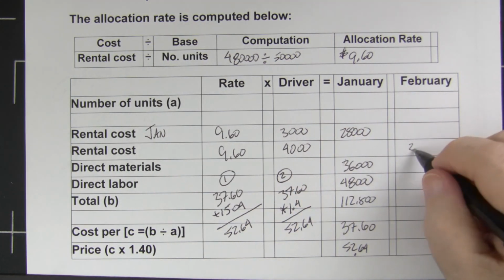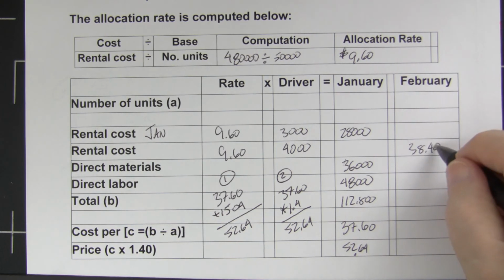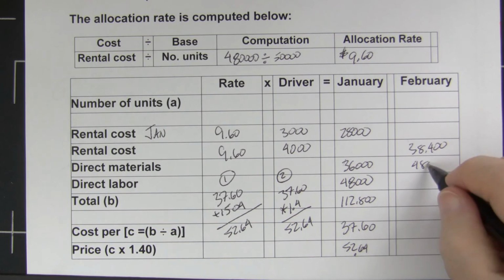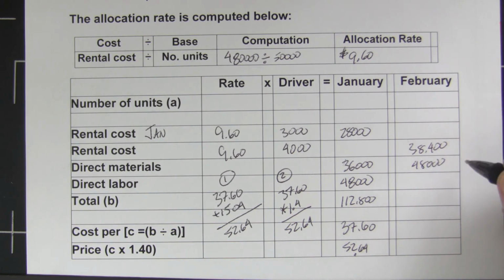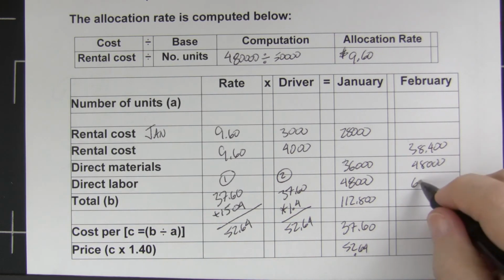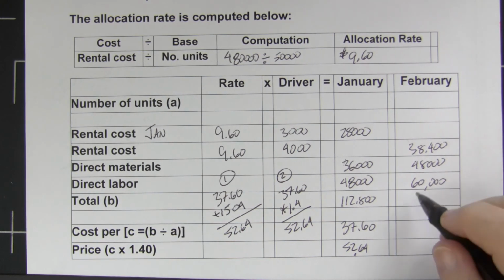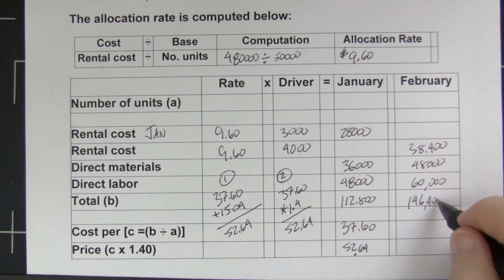That gives us $38,400. We have $48,000 in direct material. We have $60,000 in direct labor. That's $146,400, but that's for all 4,000 chairs.